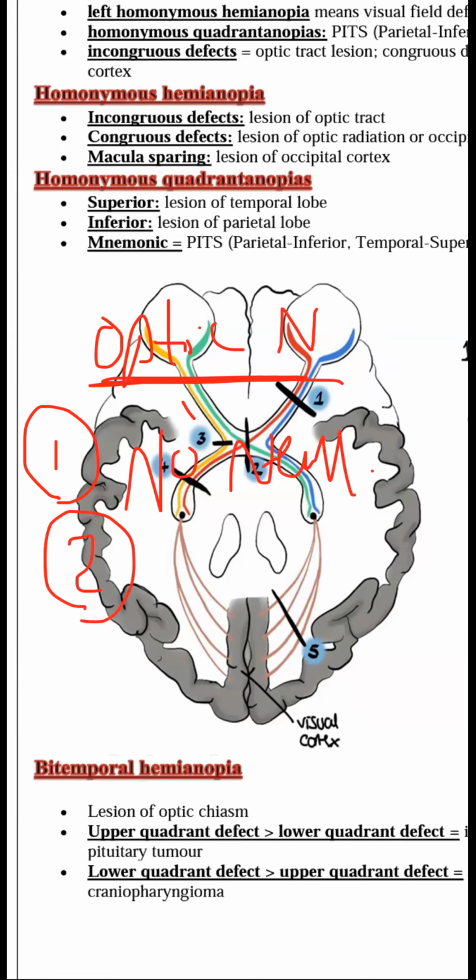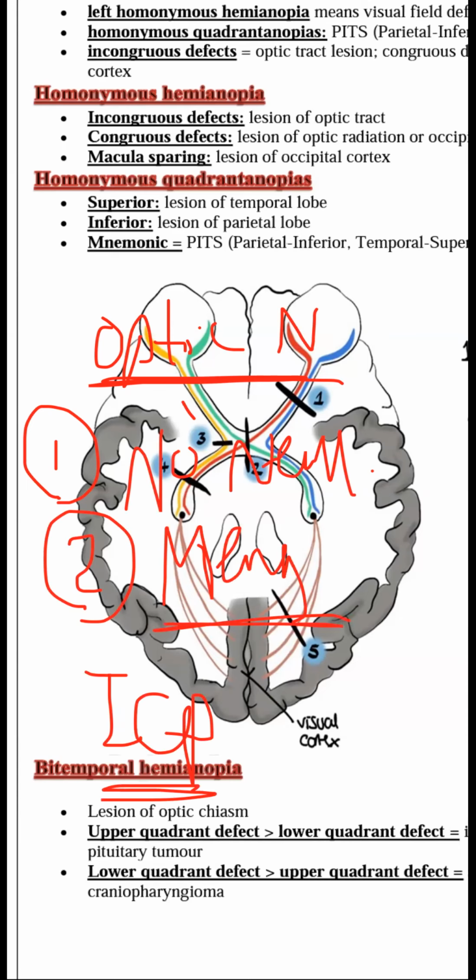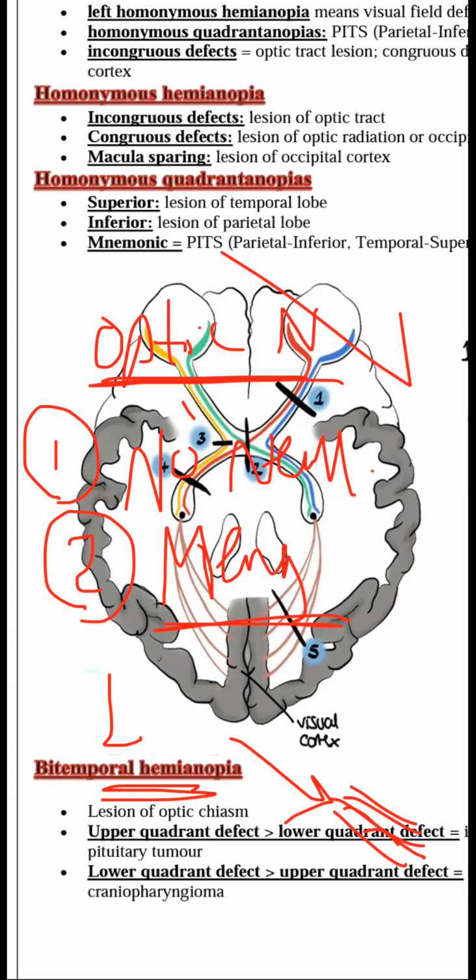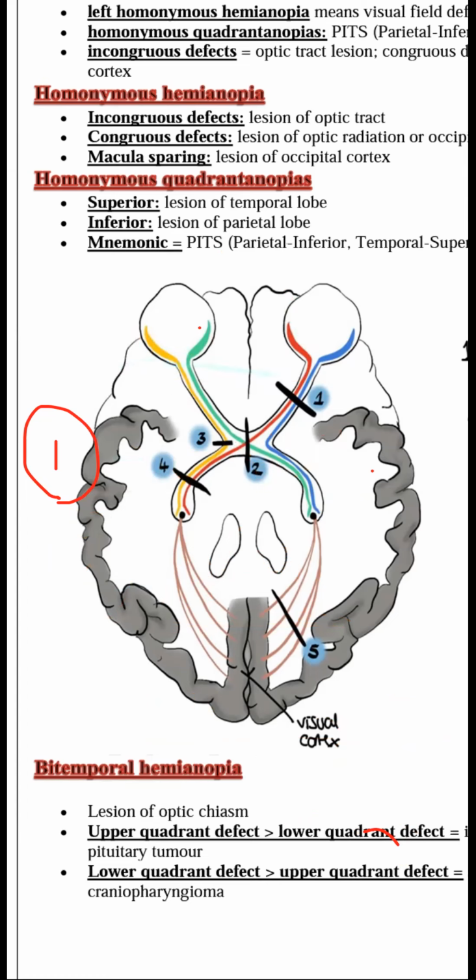This nerve is covered by meninges. So once you have increased intracranial pressure, you will have compression of this optic nerve. Initially, your patient will present with amaurosis fugax, then sudden blindness. So intracranial pressure can present in your eye. There is no neurolemmal sheath, and this is usually covered by meninges.